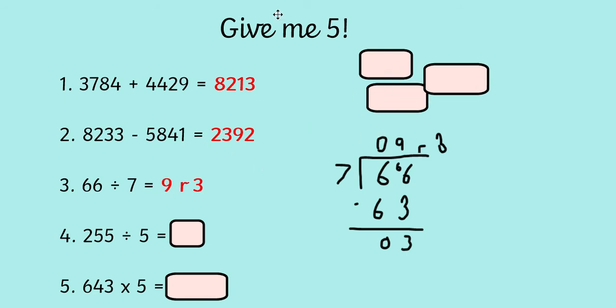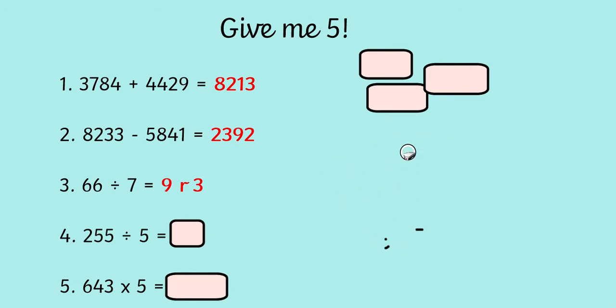Okay, and next one, we can use our bus stop method again. Let's get rid of this so we've got enough space. 255 divided by 5.